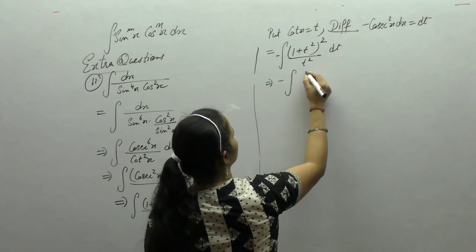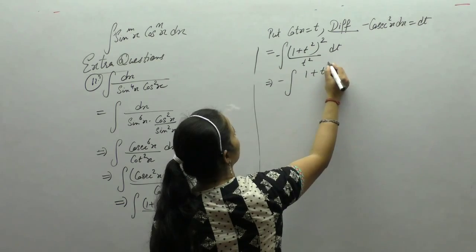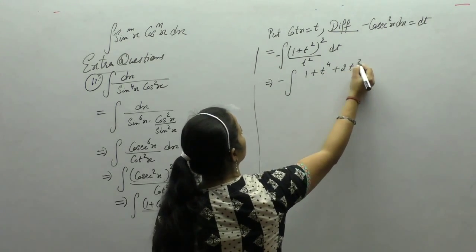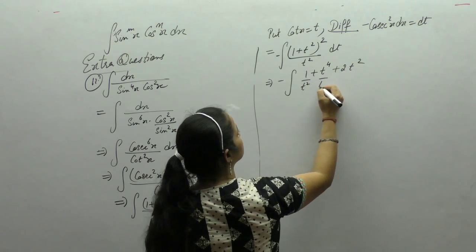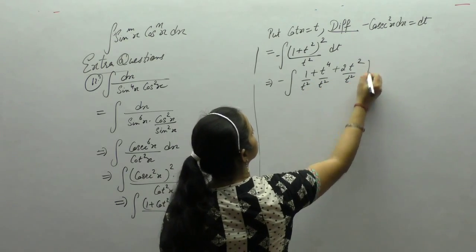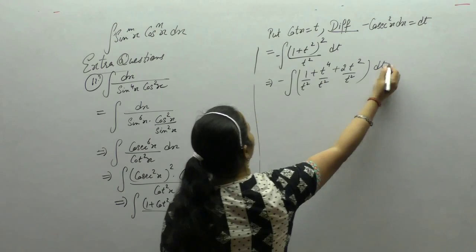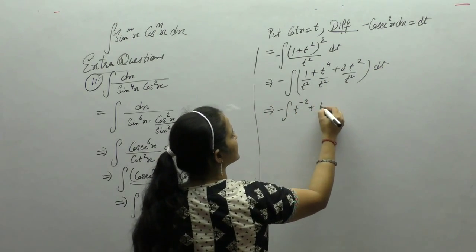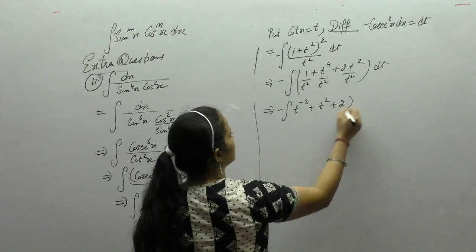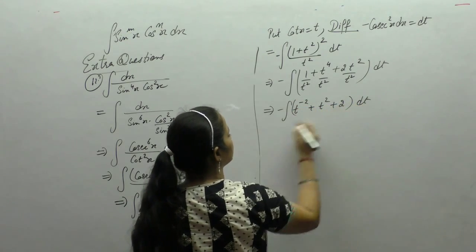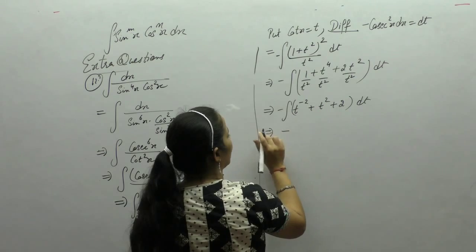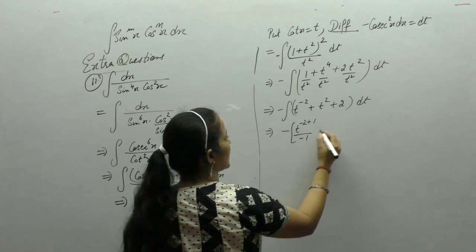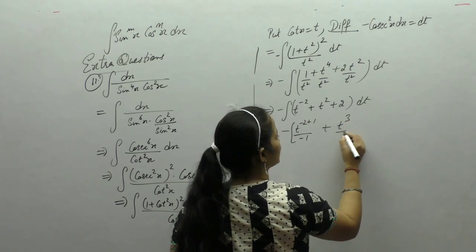Open the brackets. A plus b whole square, a square plus b square plus 2ab, and t square. Now what we have, t power minus 2 plus t square plus 2. Apply the power rule here. Minus t, minus 2 plus 1 is minus 1, 2 plus 1 is 3.